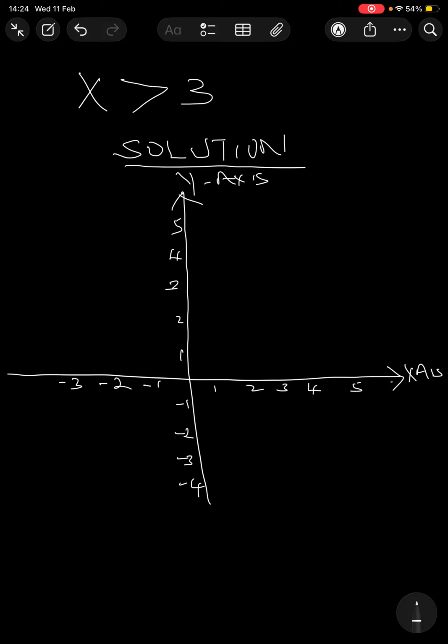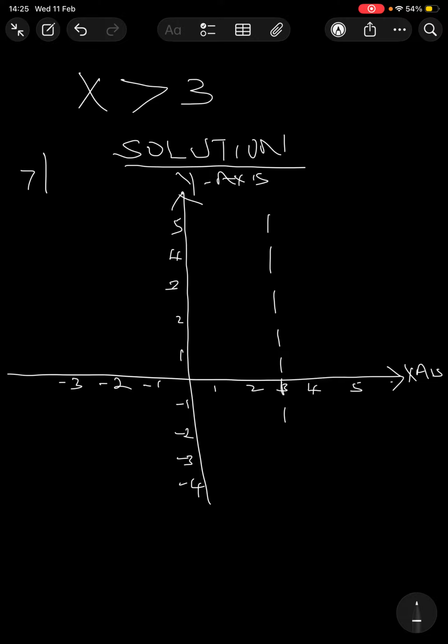So x is greater than 3. Point to note, I said less than or greater than is represented by a dotted line. So I come to the x-axis, and I represent x is greater than 3 using a dotted line.